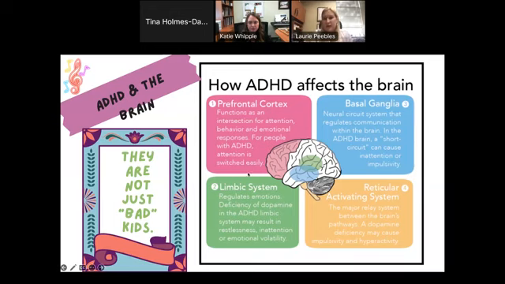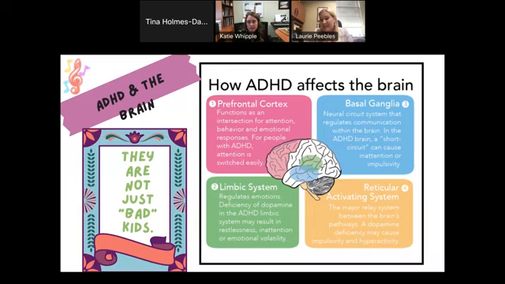The other area of the brain I want to talk about is this blue area, the basal ganglia. This is the area that is the communication center of the brain. So when this area is working properly, all the areas of the brain are communicating and interacting appropriately.